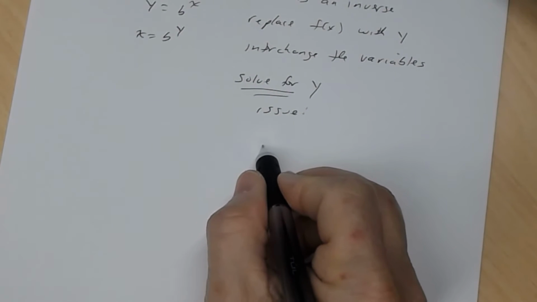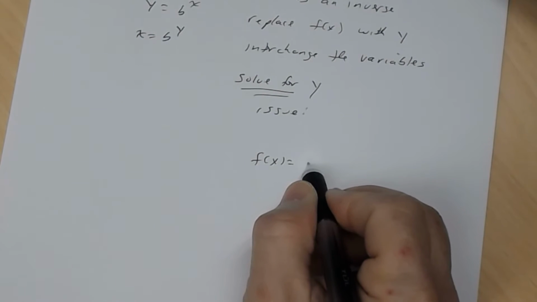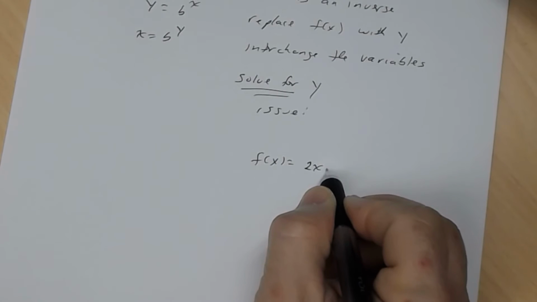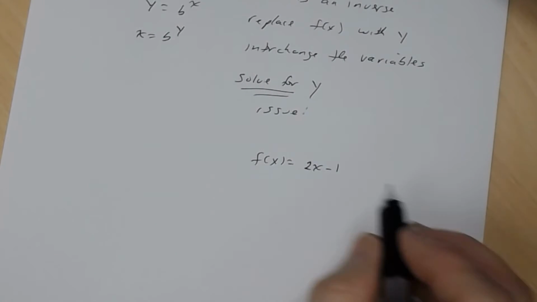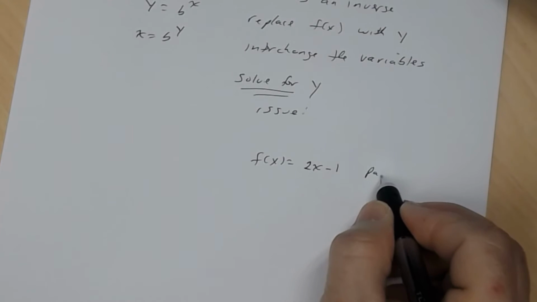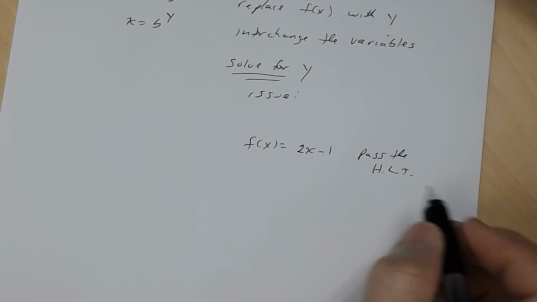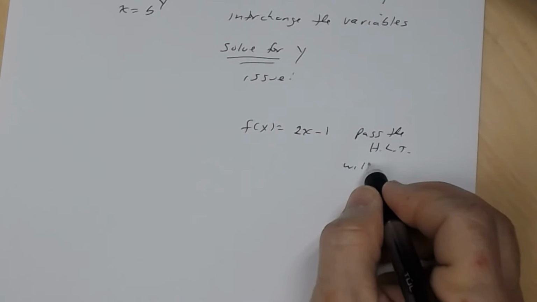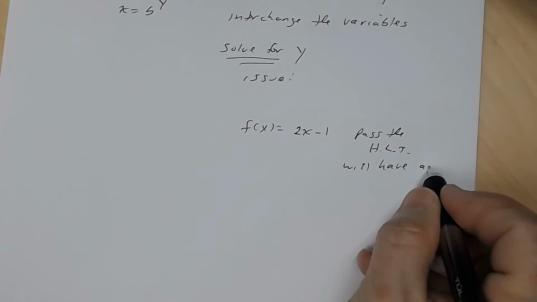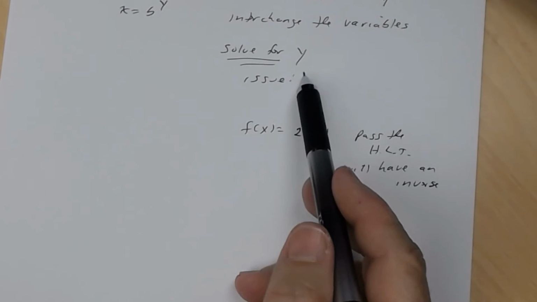So for example, f of x equals, let's say, 2x minus 1. Remember, this is linear, so it's going to pass the horizontal line test, so we'll have an inverse. You follow the steps that we just did.